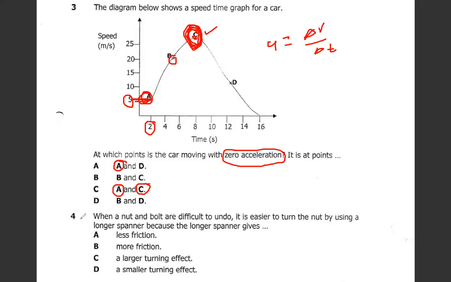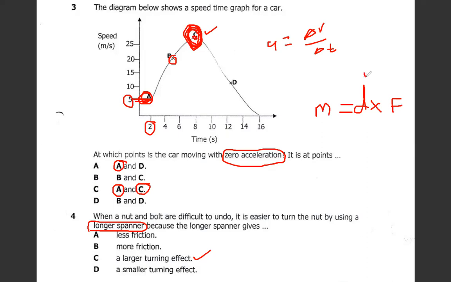Question number 4. When a nut and a bolt are difficult to undo, it is easier to turn the nut using a longer spanner. This is because the longer spanner gives a larger turning effect. So this is moment. Moment is equal to the distance from the pivot up to the point of action multiplied by force.